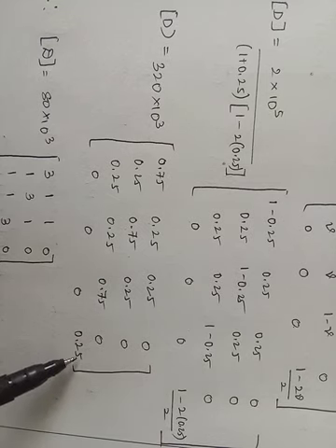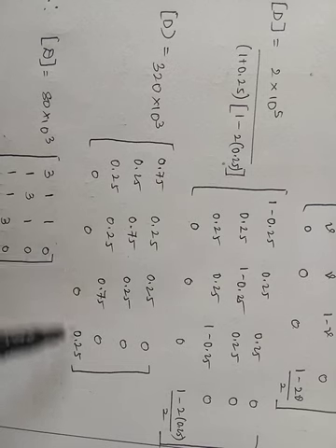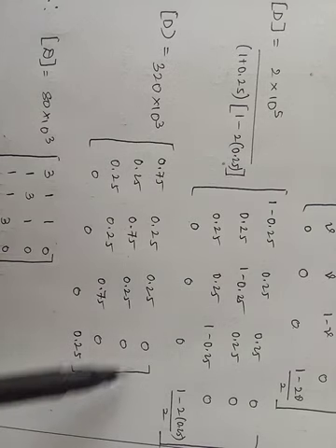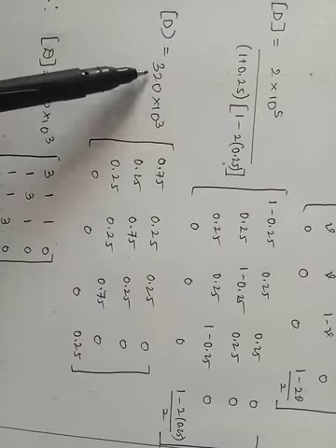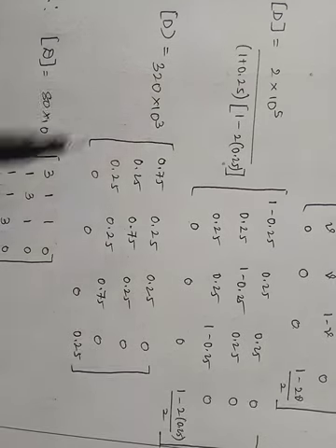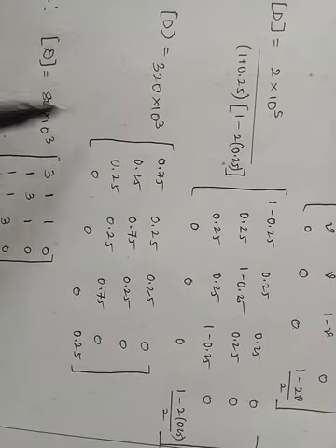Now if you observe this matrix, each and every element is a multiple of 0.25. Right, so 0.25 is common in this matrix, so I'll take that 0.25 outside. If I multiply 320 into 0.25, I'll get 80 into 10 raised to 3. I kept the rest as it is.